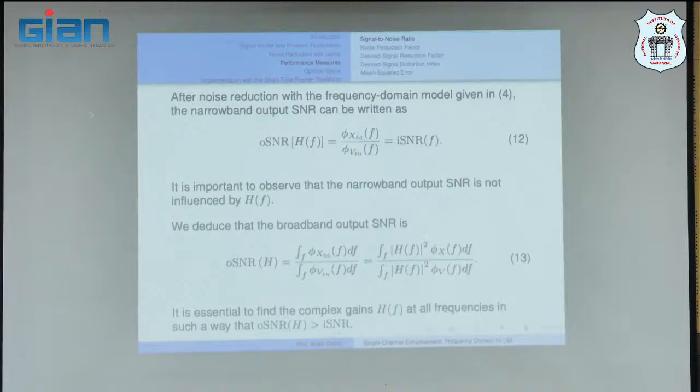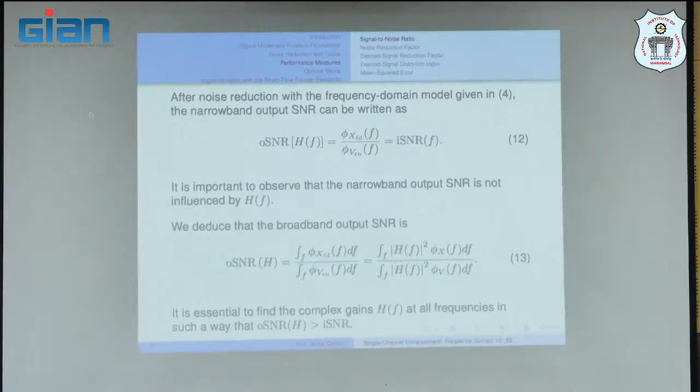So suppose that we want to normalize H. This will be constant. Okay, so suppose that we would like to find H for each frequency, and we normalize it, which means that the denominator is always constant. So we can ask ourselves, if we want to maximize the output SNR, we need to choose a vector H. It's a vector because it's for all frequencies.